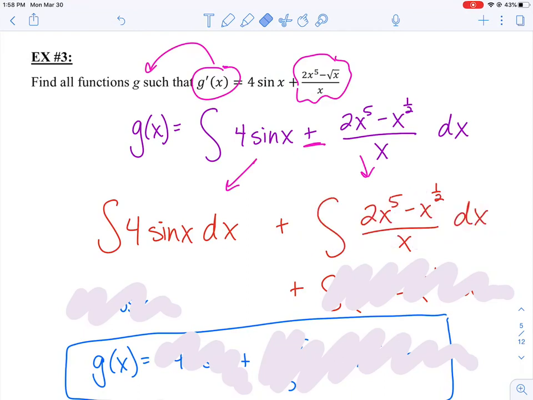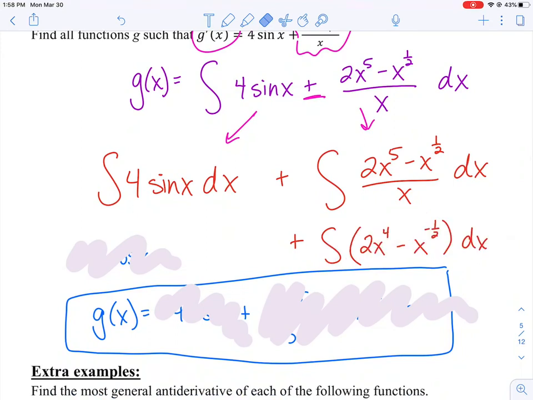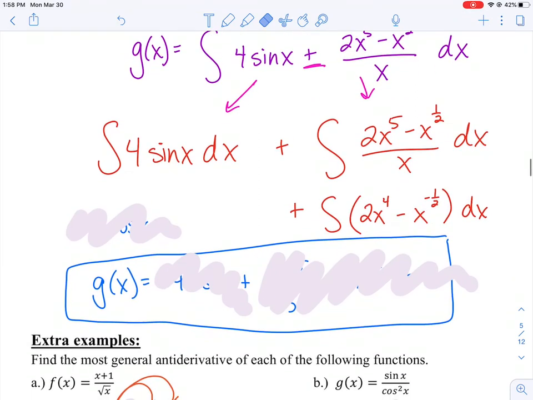So I am going to separate them into separate fractions and then reduce. I'm going to reduce an x out of each of those terms. That leaves me with a new integral of 2x to the 4th minus x to the 1/2 dx. Remember, I'm reducing each one by an x. Okay? So now I can integrate them separately.